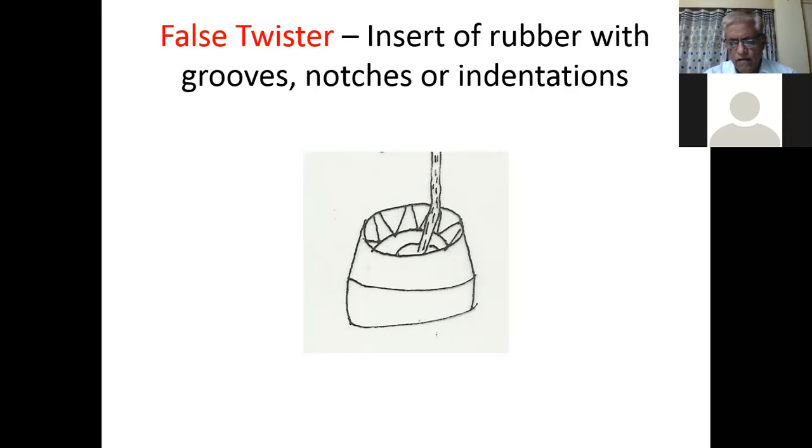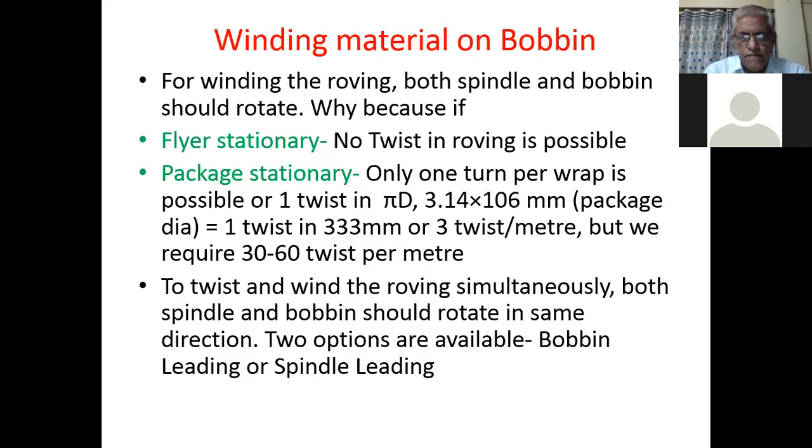Sometimes the grooves are different, and that may create a problem, because that will ultimately make a difference in the twist also. So we should take care that false twisters of the same kind, with the same number of grooves, are used on one simplex.